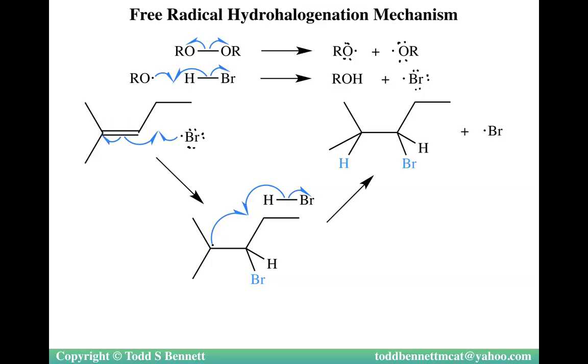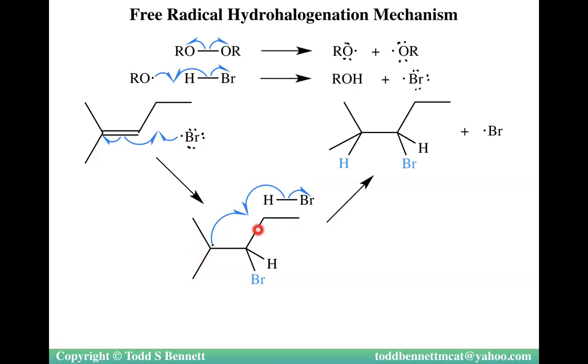So the system feeds on itself until it runs out of reactant. But the key thing, it goes on with anti-Markovnikov regiochemistry. And because this is free to rotate, these groups here, the stereochemistry is not as predictable. So this group, because it's not sp2, it's not going to be planar, it's going to be tetrahedral is the best description, but there's only one electron, so it may not have the full 109.5 angle because it's not the same amount of repulsion, but it's still going to be something like that.